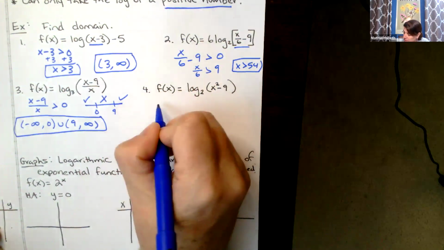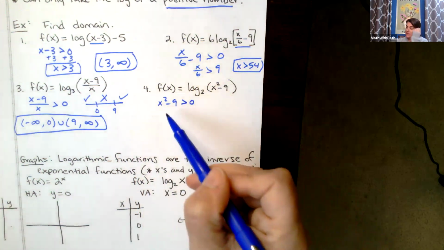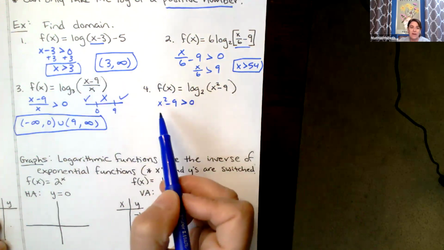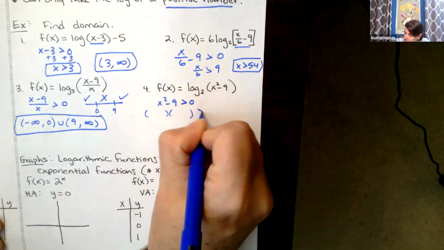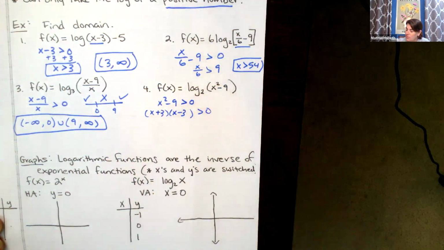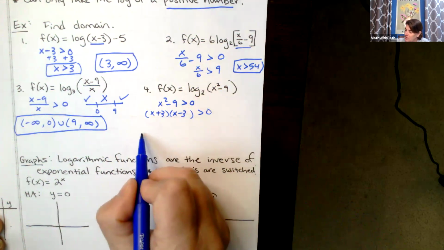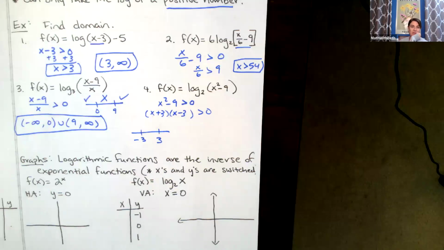Same thing here. x squared minus 9 needing to be greater than 0. This is not as easy as 1 and 2 because I have an x squared. So I still need to think factor, which I can because it's a difference of squares. Set each of these equal to 0 and put them on the number line. So that would be -3 and +3 and test each section.